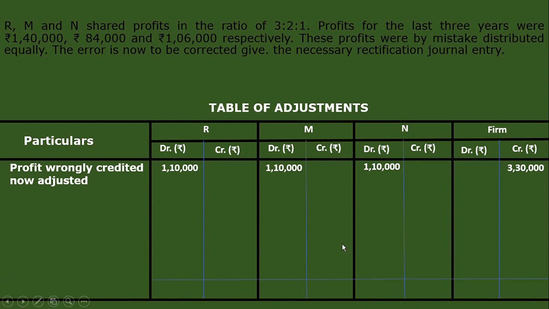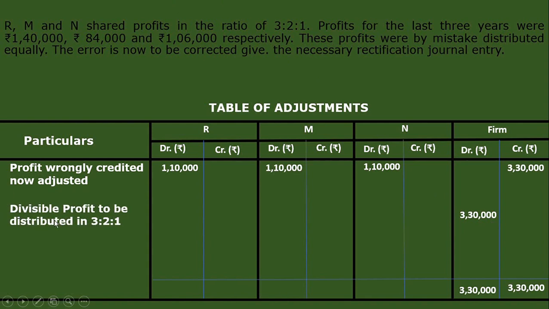Next, as there is no other information, let us balance it off. First, for the firm, write down that 3,30,000, the same figure in this column, and then here 3,30,000, because there is no other adjustment. So this 3,30,000 is the profit, and that has to be divided among the partners in the ratio 3:2:1.